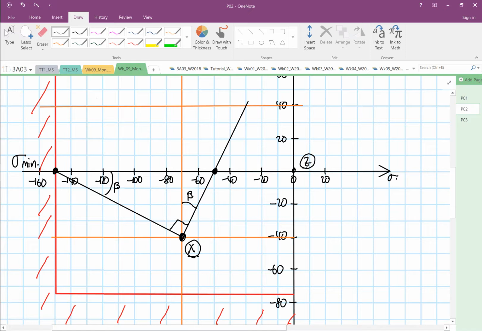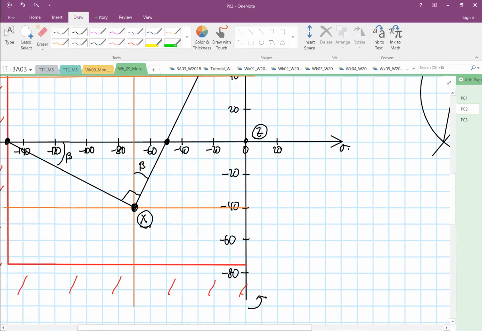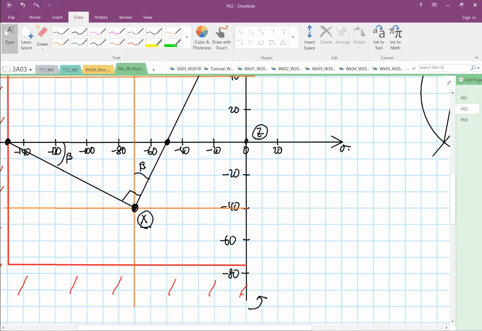To find beta, we know that tangent beta will be equal to 40 divided by 20, 40, 60 divided by 80. So beta is the inverse tangent of a half, so beta is equal to 26.565 degrees.